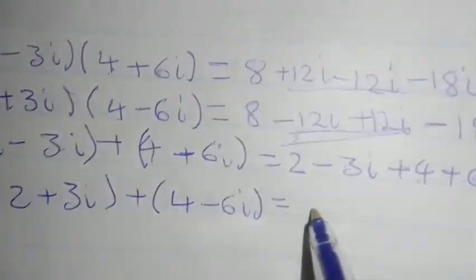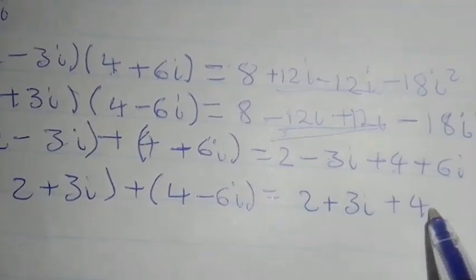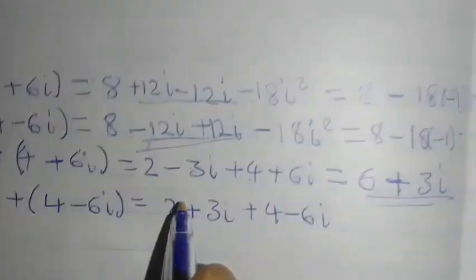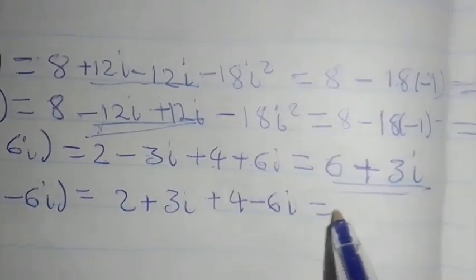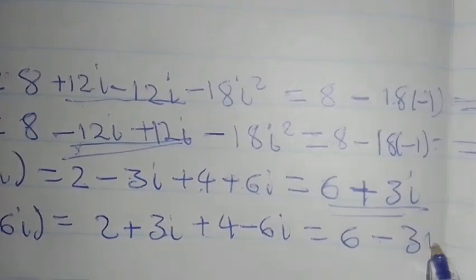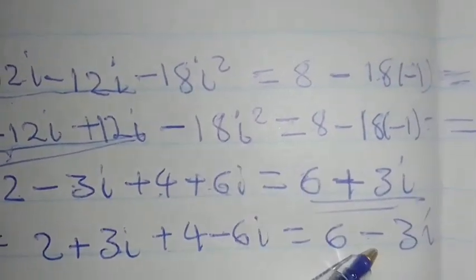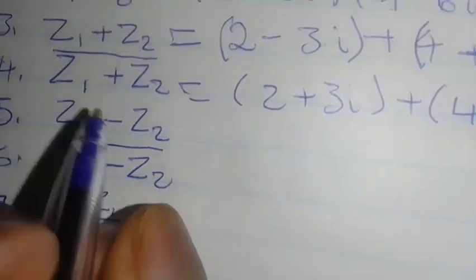So you're going to have 2 plus 3i plus 4 minus 6i. So 2 plus 4, that's just going to be 6. And then 3i minus 6i, that's just going to be minus 3i. Notice that you're just going to have the conjugate of this. You see that? The conjugate of this is the conjugate of this.